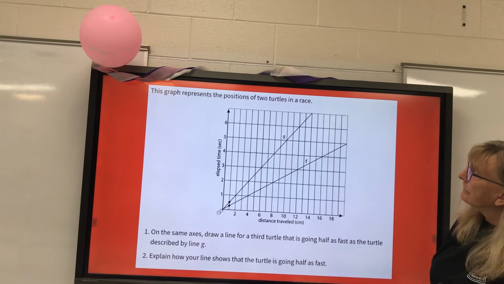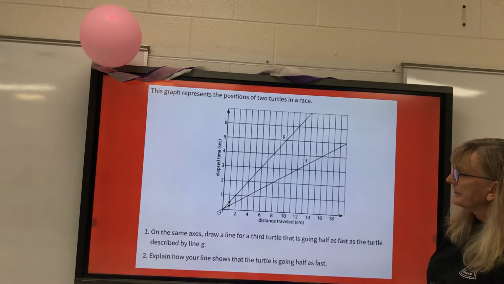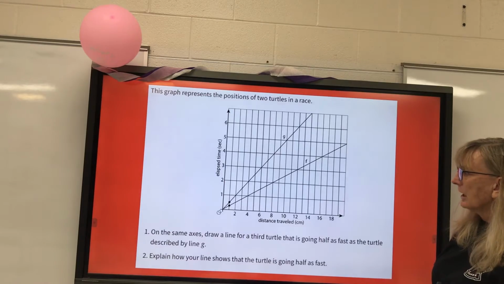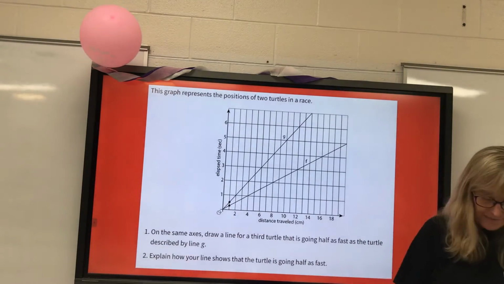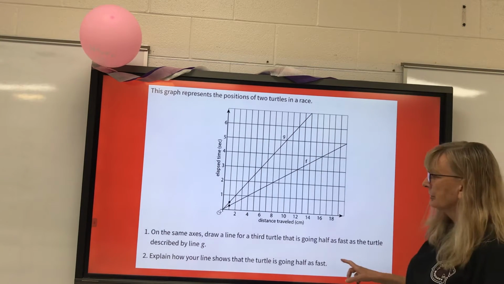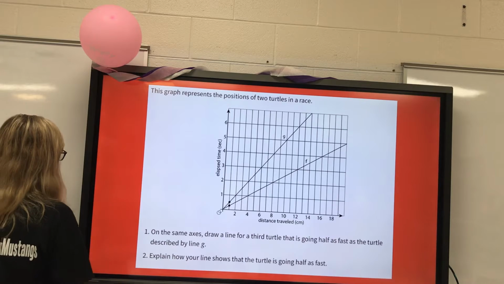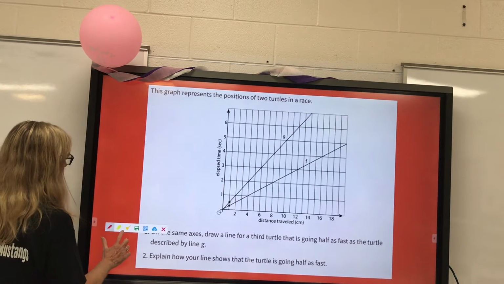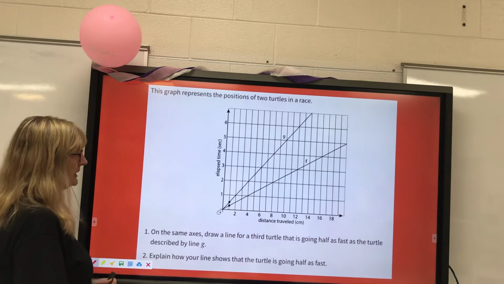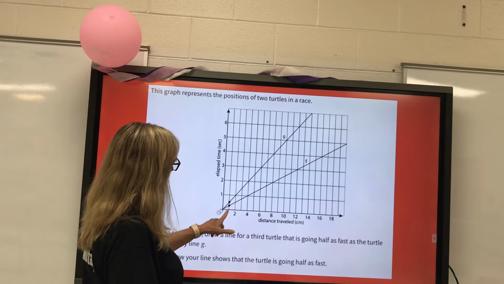All right, we have a graph here that represents the position of 2 turtles in a race. On the same axes, draw a line for a third turtle that is going half as fast as turtle G. Is this the practice problem? No. Okay, we want to go half as fast as turtle G. So we need to figure out how fast turtle G is going.